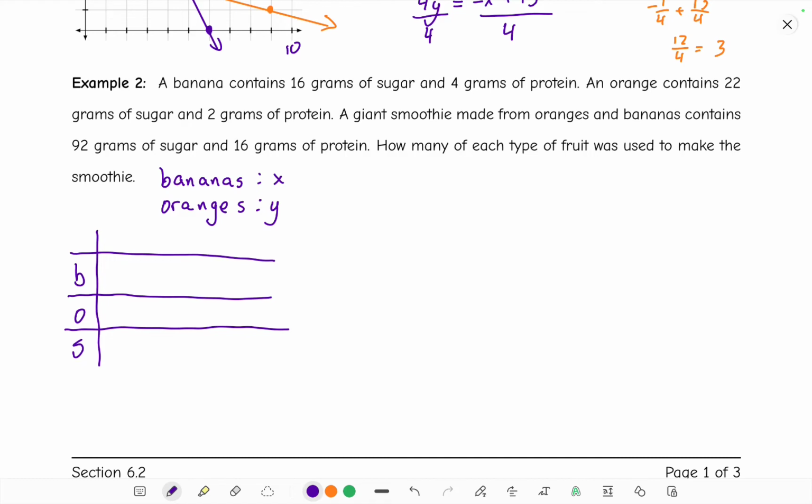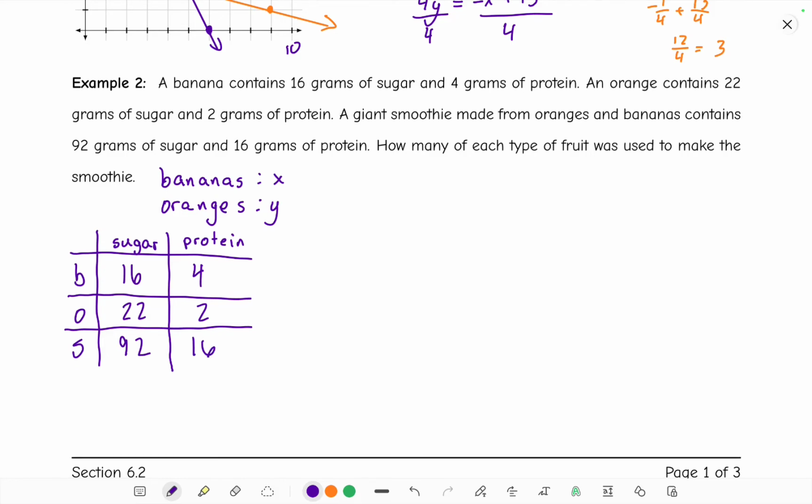Then we're talking about sugar, and protein. So banana is 16 and 4, and orange is 22 and 2, and then the smoothie is 92 and 16.